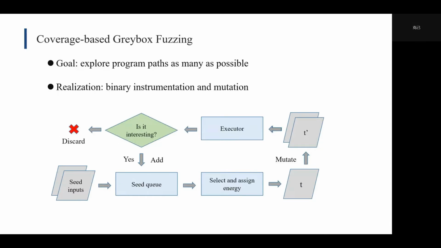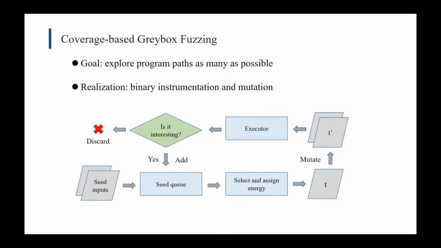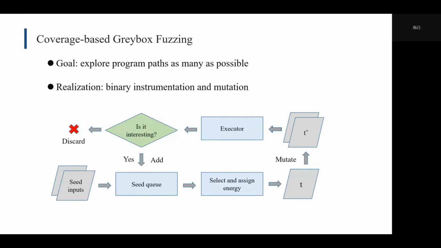If a test case finds new program paths, it is added into the seed set for further test case generation. Otherwise, it will be discarded. Guided by code coverage, CGF gradually generates test cases that could explore the program under test in depth, thus effectively revealing potential vulnerabilities.